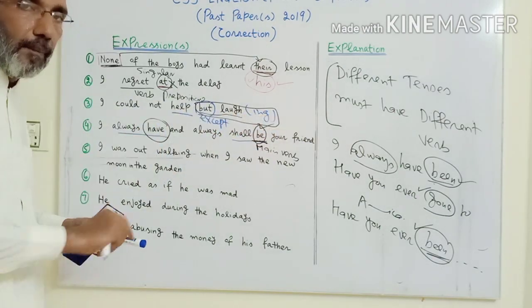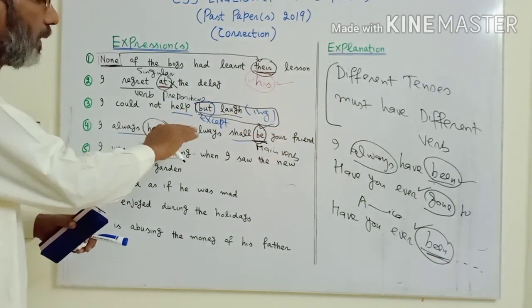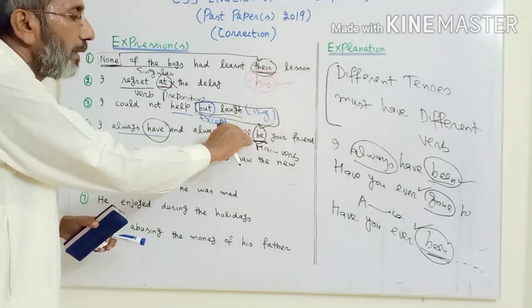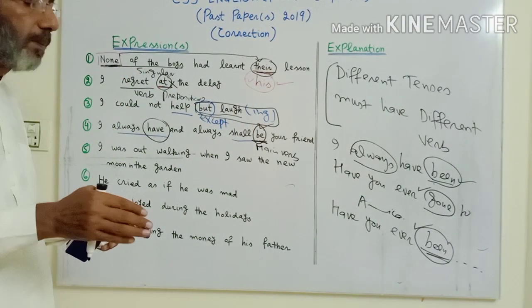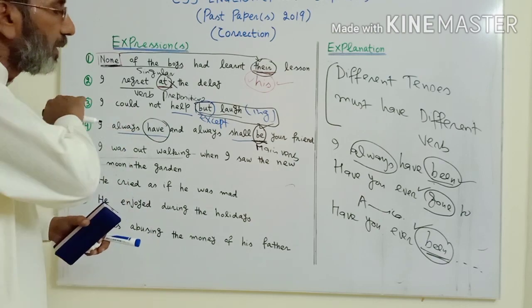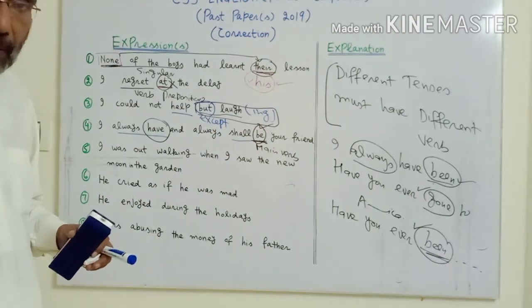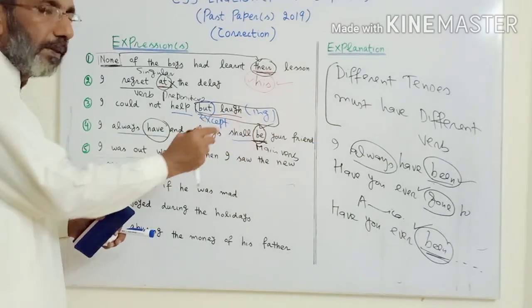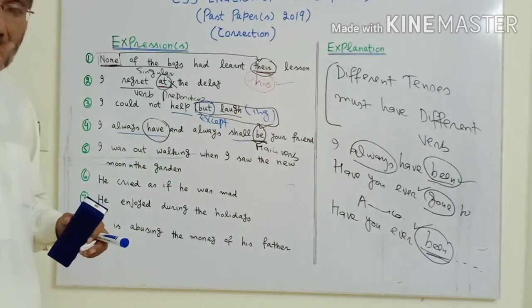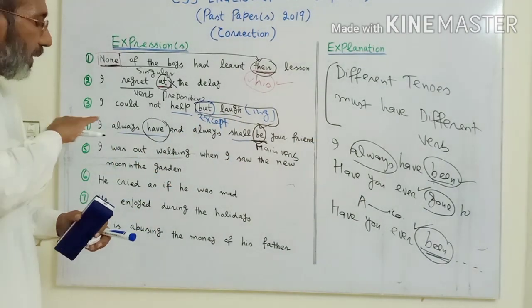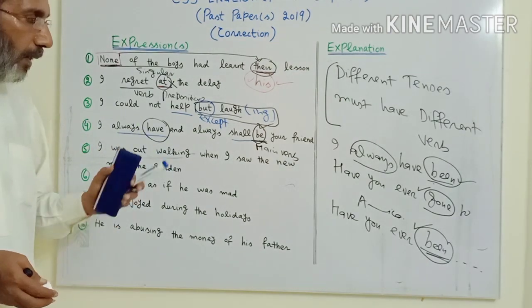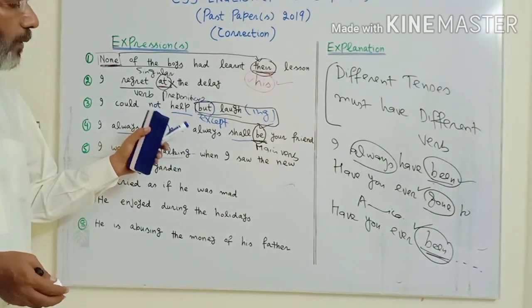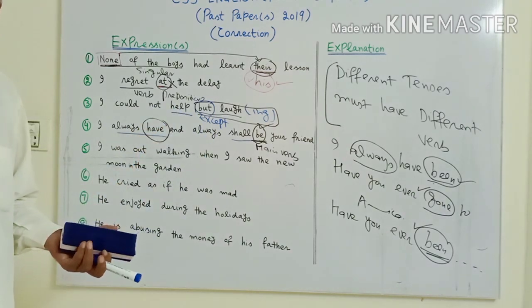Do you find? Suppose you say, he shall be waiting. Waiting is your main verb. They shall be coming. Coming is your main verb. But in this expression, do you find any main verb? No. So be is being used as a sort of main verb, showing that straight. So the correct expression is, I have always been and always shall be your friend.